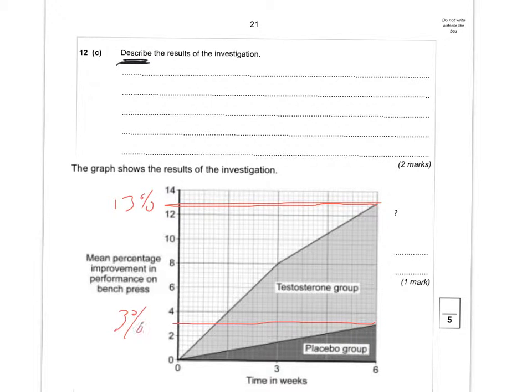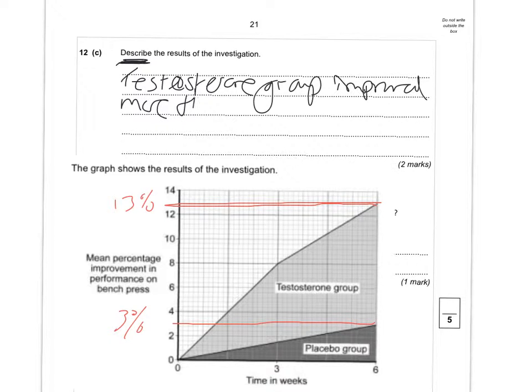Okay, so there's an overall increase after the 6 weeks of about 10% in performance. So in terms of getting the marks for this question, we have to say the testosterone group improved more than the placebo. And the reason for that, you've got to give a quantity, a figure to show that.